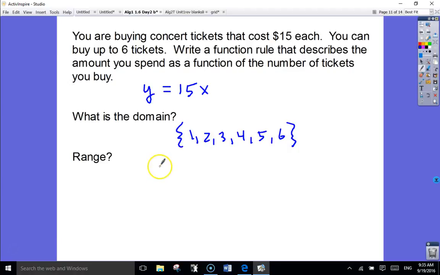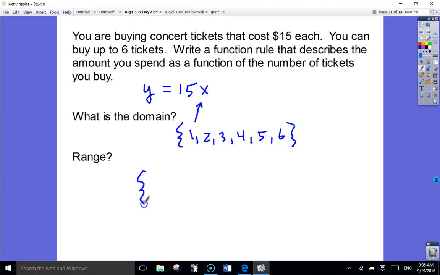Okay, then how am I going to find the range? Multiply what? What are we multiplying again? Jackie? What are we going to multiply to find the range? Yeah, 15 times each member of the domain, right? That's the way it works. So you're going to plug these in there. What are those values going to be?